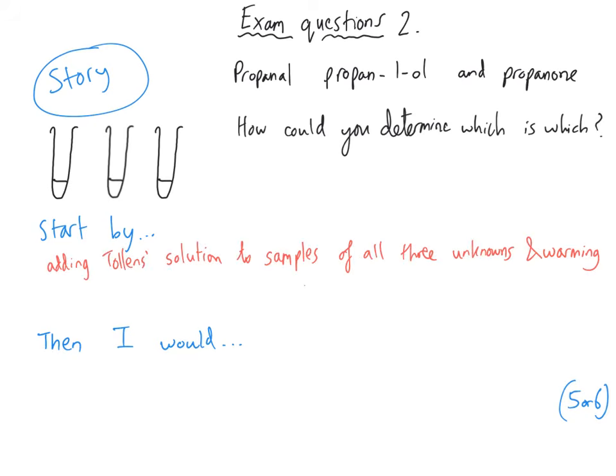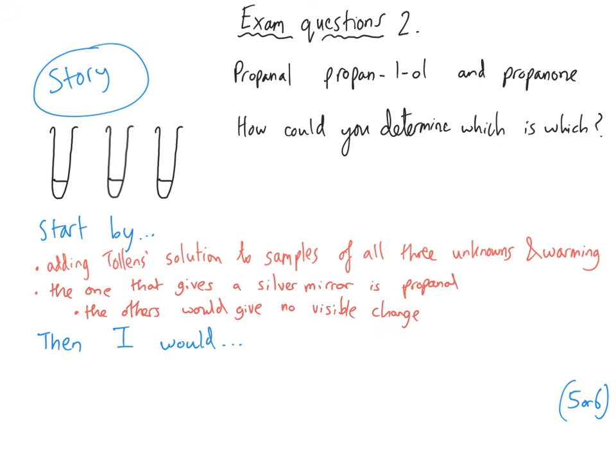So you would need to say, I would start by adding Tollens solution to samples of all 3 unknowns and warming. And then you could say the one that gives a silver mirror is propanal, and that the others would give no visible change. And so we have identified propanal from our 3.